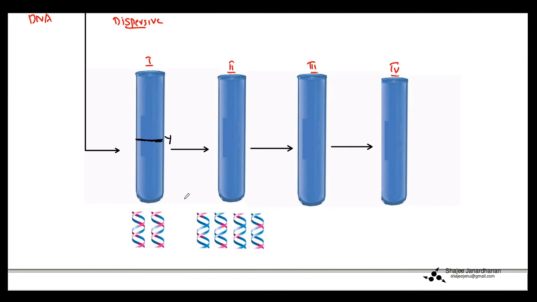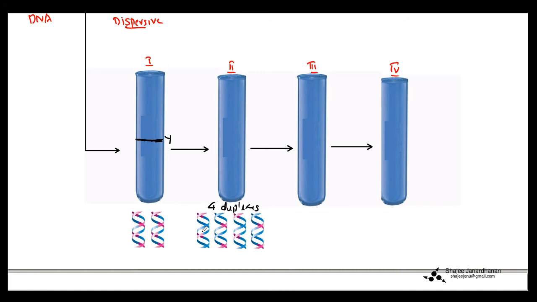Now coming to the second generation, you find that there will be 4 daughter duplexes formed. If the mode of replication is dispersive, still there will be random inheritance of the parental DNA. But because 2 generations have passed, and for the 2 generations this E. coli is in a medium that contains N14, when you look at each strand, there will be more N14 bases incorporated relative to the first generation.